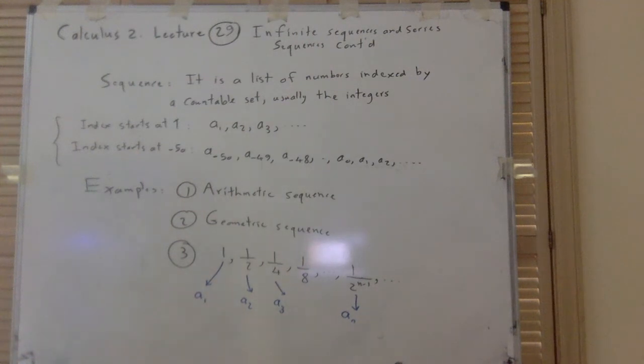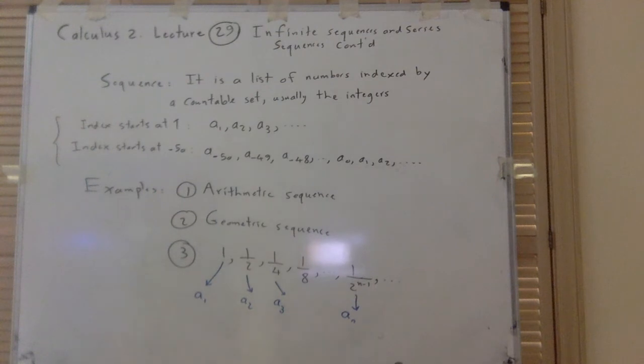Now, a sequence in mathematics has a very rigorous definition, but we can explain it this way: it is a list of numbers indexed by a countable set, usually the integers.